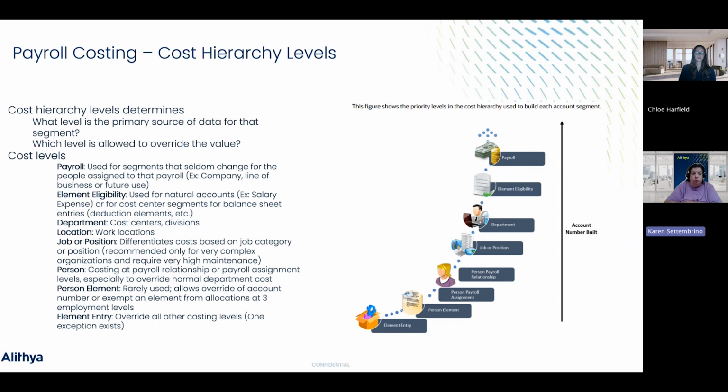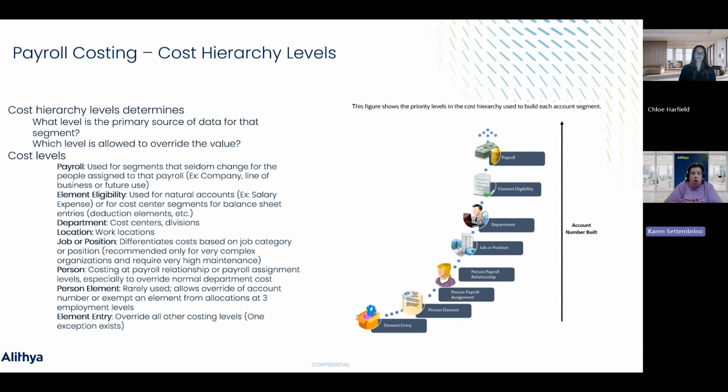What happens is when we look on the payroll side, we're going to map that company segment, that cost center segment, and that natural account segment on the payroll side. So, as an example, cost center actually equals the HR department. So, there's a one-to-one relationship between the two.